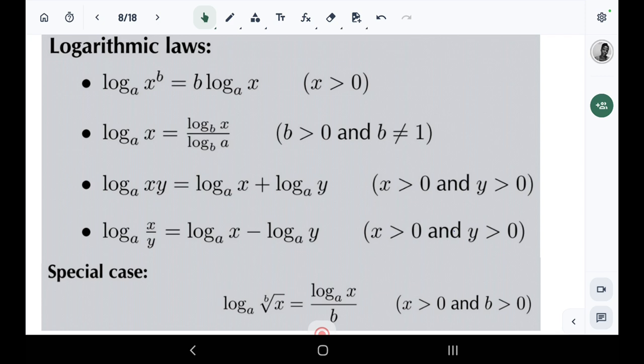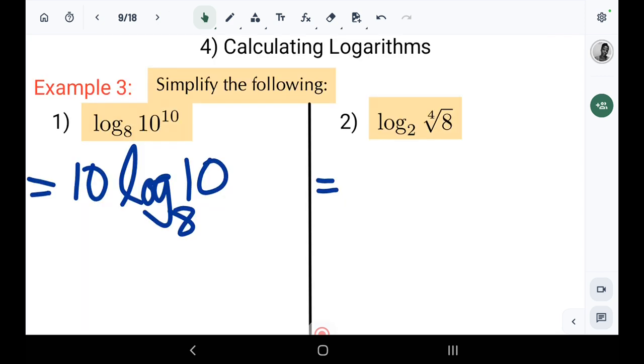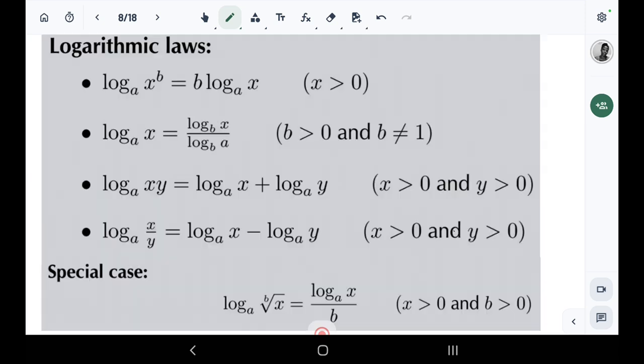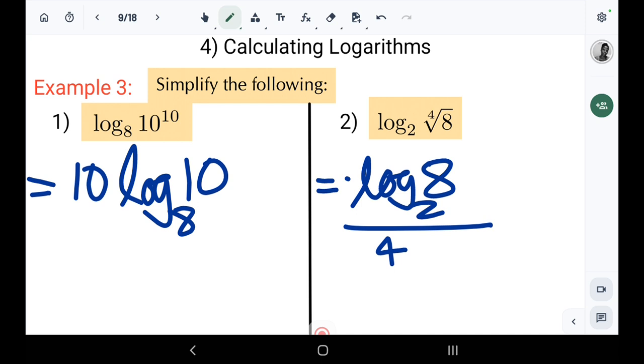So that should equal the log of 8 to the base 2 over b, which is 4 in this case.